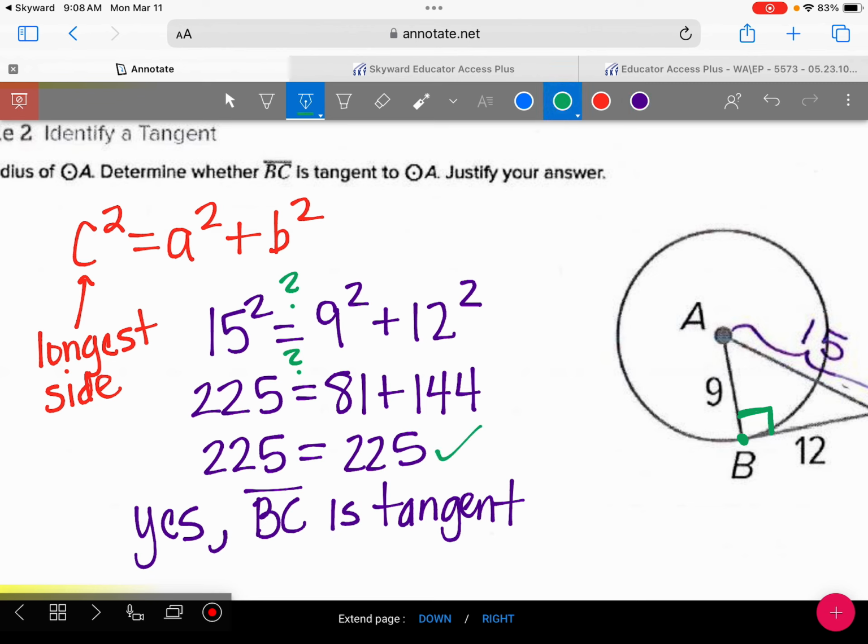And it's a yes because this is true. If it wasn't true, we would say no. So again, just remember the longest side has to be C, and A and B are the other two sides.